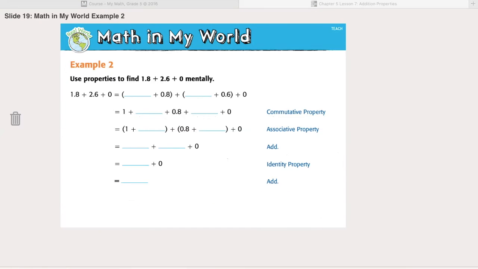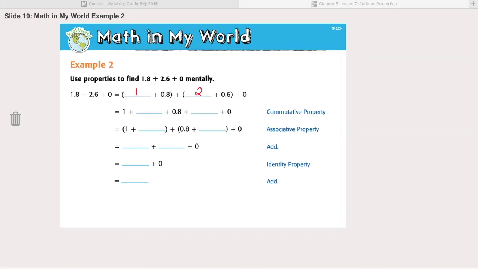Example number 2. Use properties to find 1.8 plus 2.6 plus 0 mentally. In this particular situation, they are separating the decimal from the whole number and adding those separately. So 1.8 becomes 1 plus 0.8, and 2.6 becomes 2 plus 0.6.